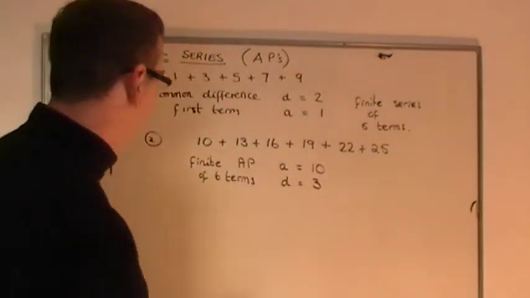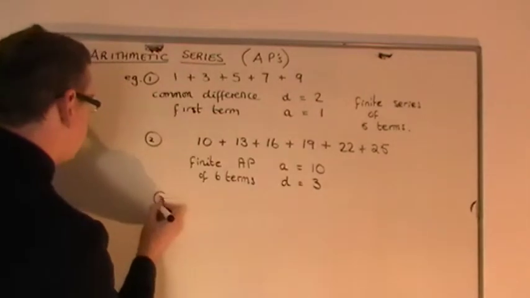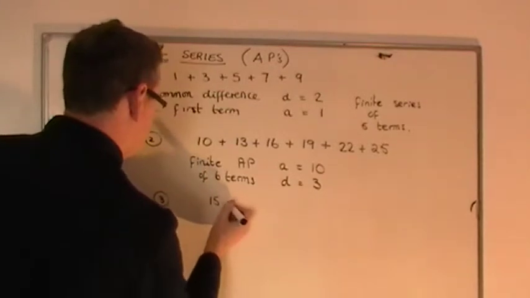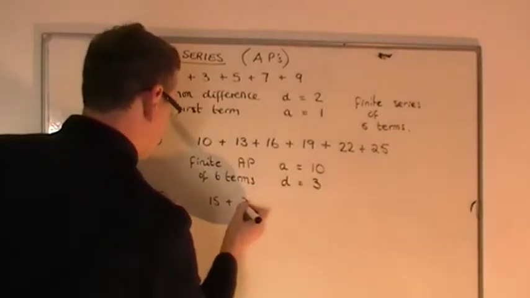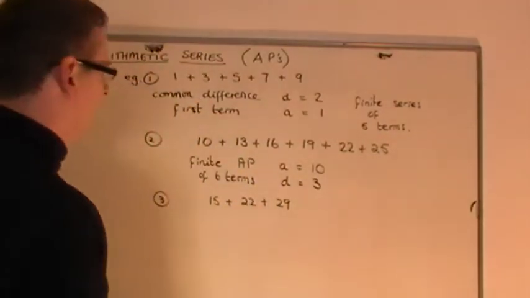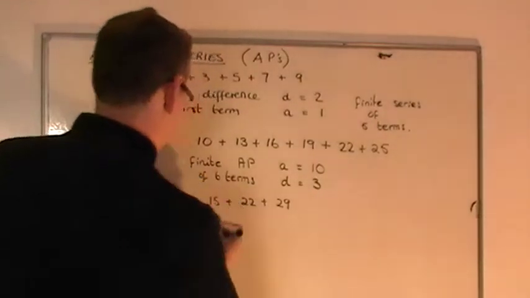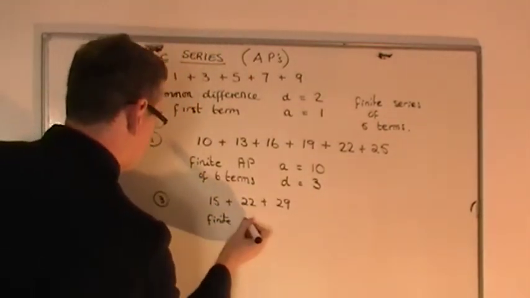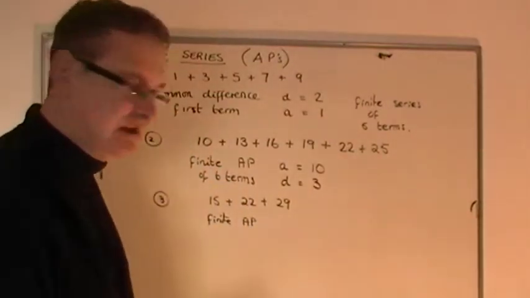Okay, so let's have a look at number 3. This one here, I've got 15 plus 22 plus 29. This one is a finite arithmetic progression or arithmetic series.